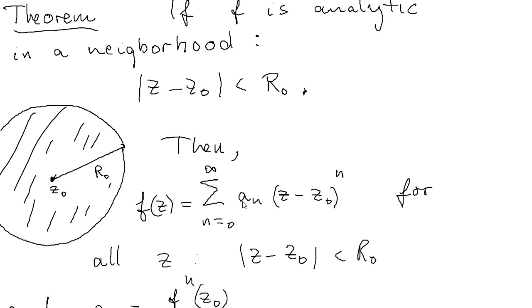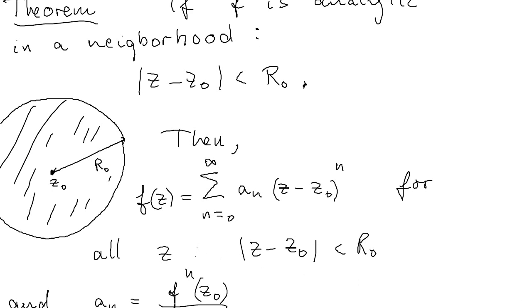So the elements of the series are like this: an times z minus z0, the center of this circle, in the power of n. And this is valid for all z inside this circle.